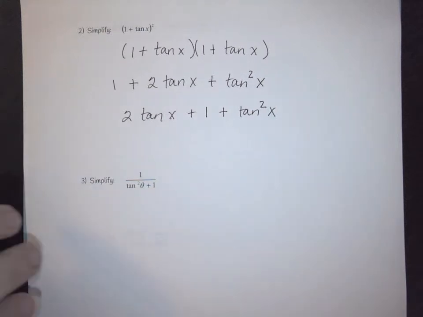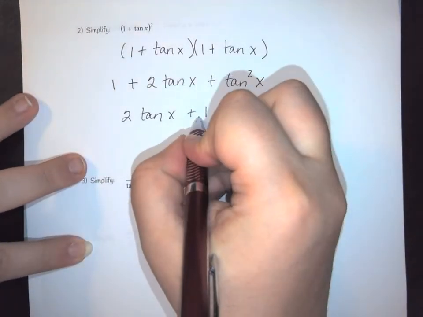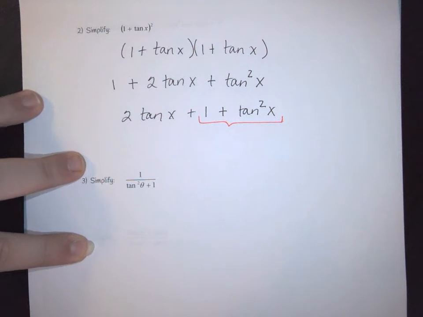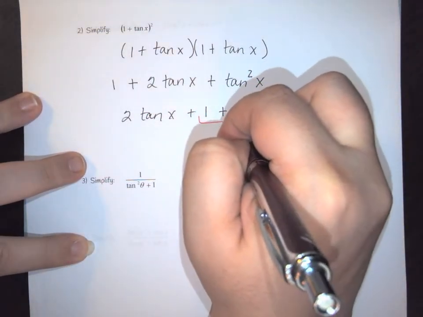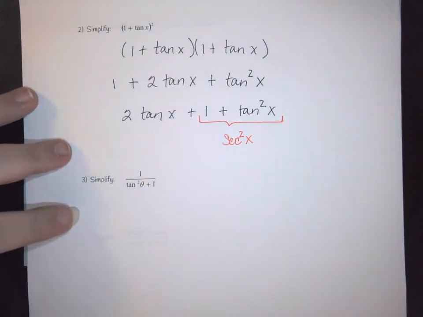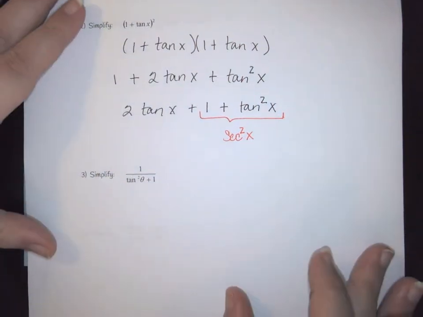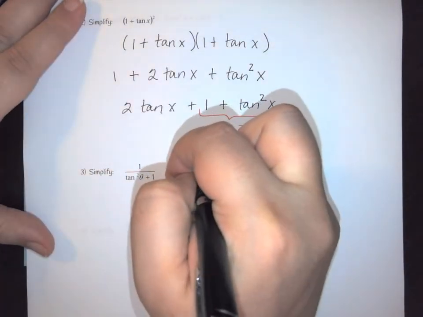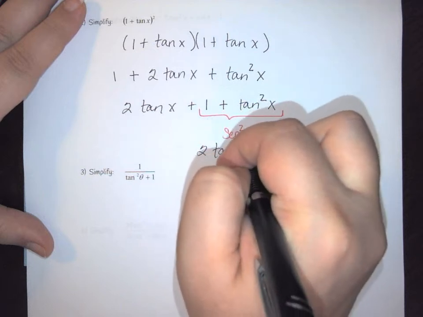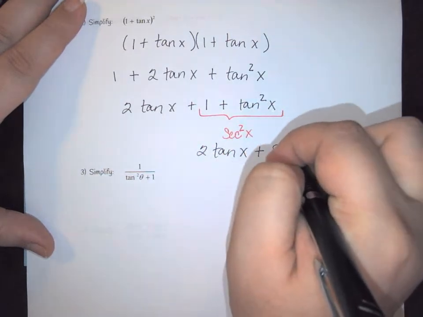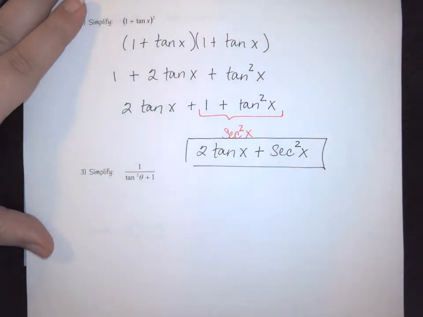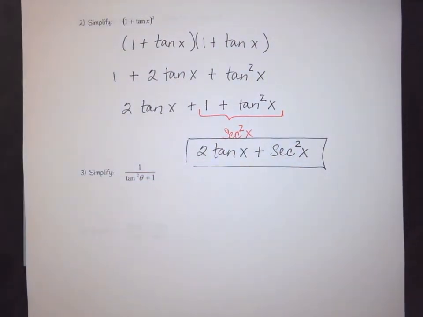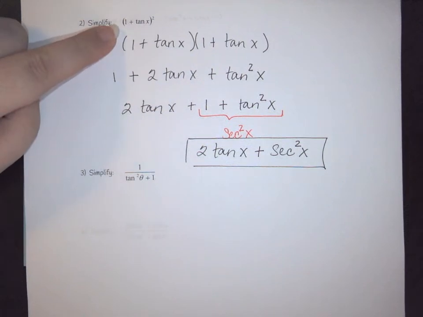So here I have 1 plus tangent squared of x, which is actually the same as secant squared of x. So my overall result here is going to be 2 tangent of x plus secant squared of x. And this is what we were looking for, the simplified version of 1 plus tangent x squared.